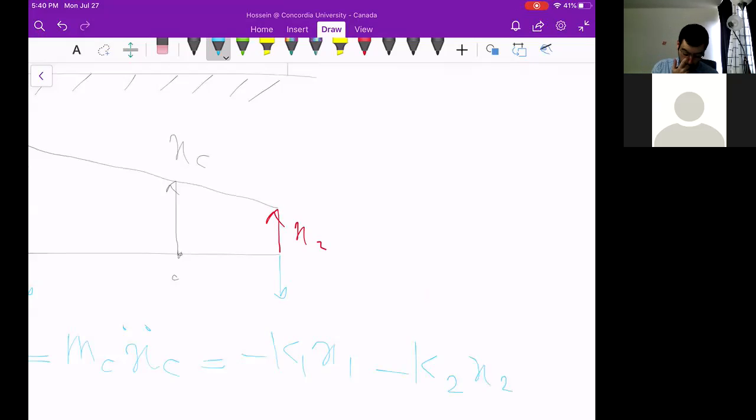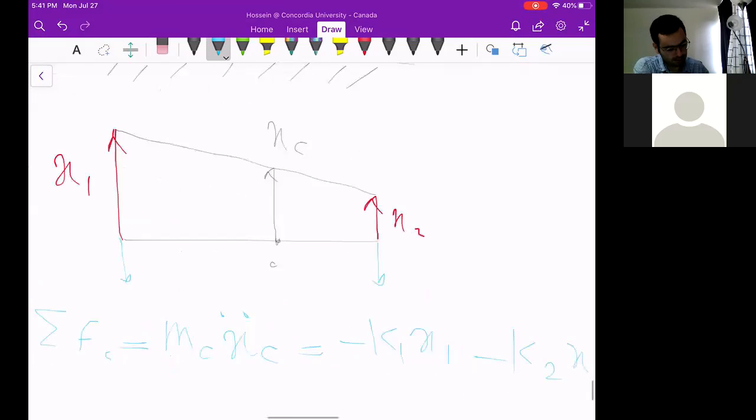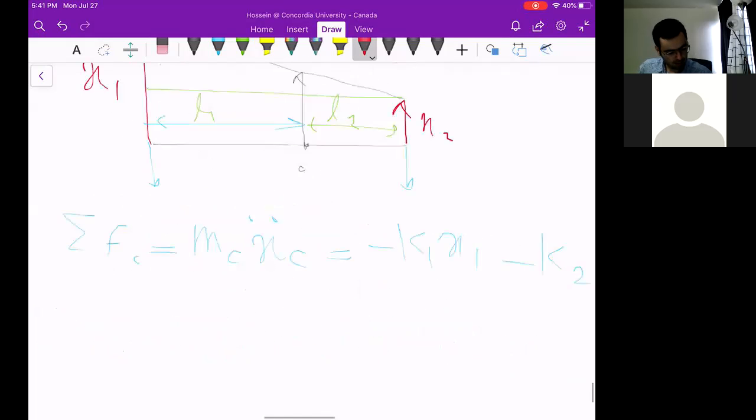Before further simplifying the system, I can say that this is given as L1, right? And this is given as L2. And in this basically triangle, if I take a look at here, let me simplify it here.